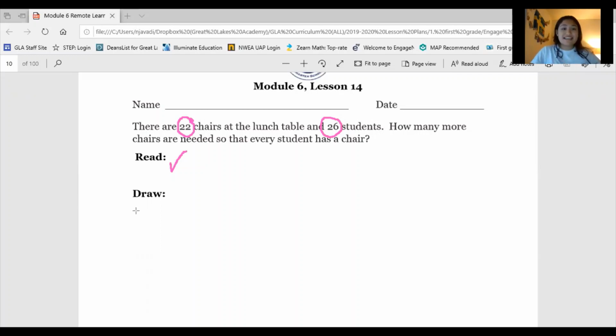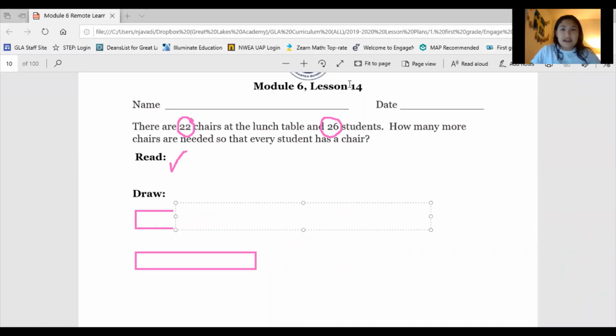If we were going to set up using a double tape diagram, I would set up one tape to show how many chairs are at the lunch table and another tape that's a little bit longer to show how many students want to sit at the lunch table. Then I would label both of my tapes.